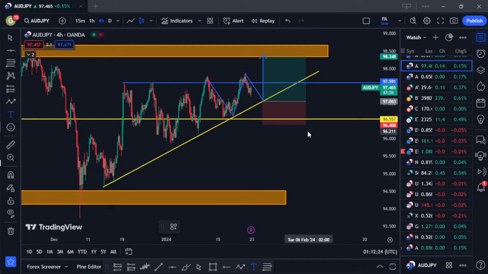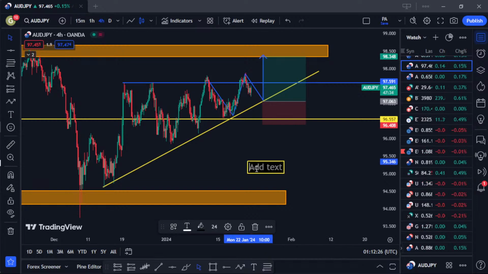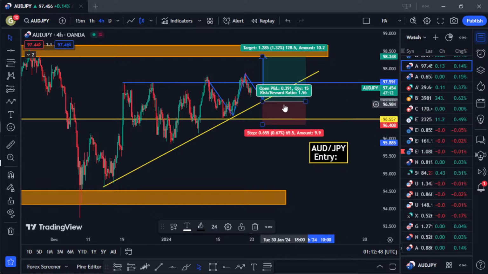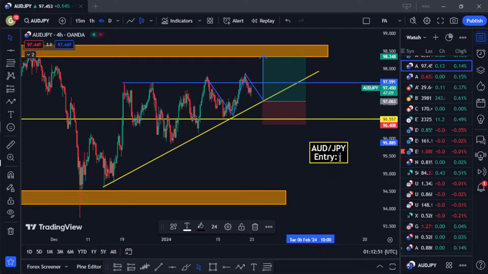So for that, let me just write the information for this market. AUDJPY entry. So we'll be entering this market at 97.063.